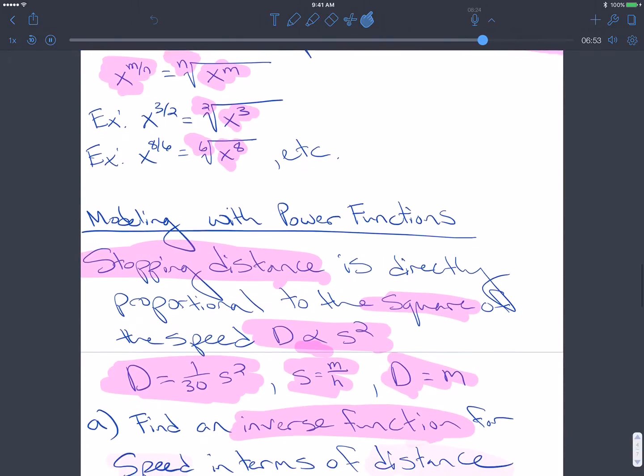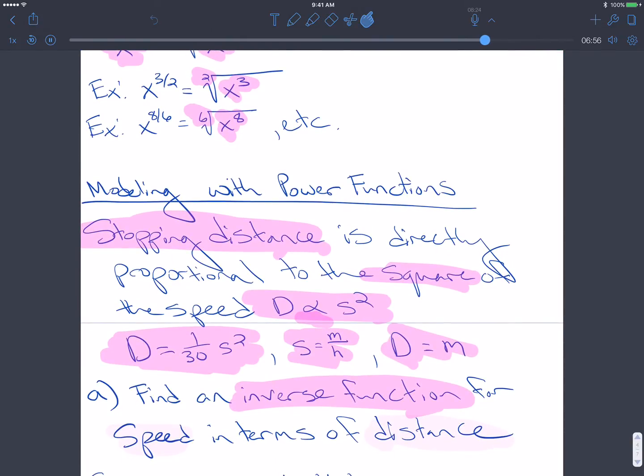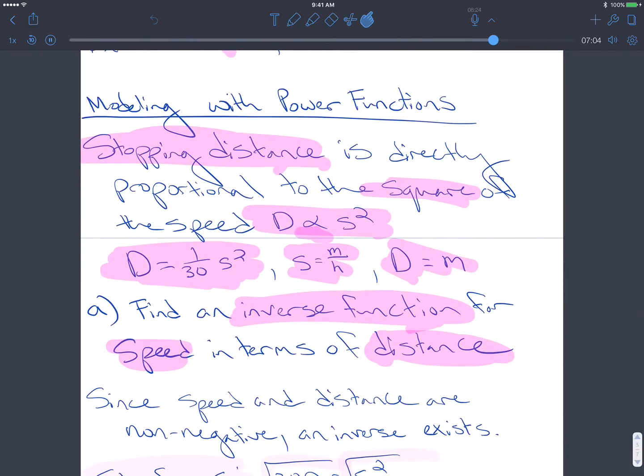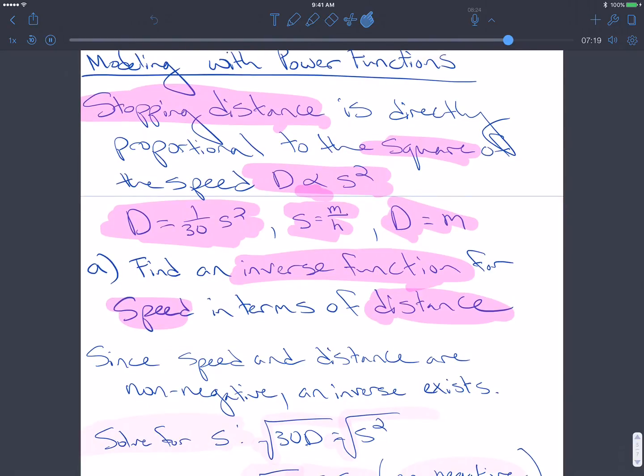We did this again in chapter 5, for the speed in terms of the distance. Because this is a physical problem, we aren't going to be talking about negative speed or negative distance. We will consider that both are positive, which means I can take a square root, and it can be an inverse function because it's only the positive of the square root and not the negative, since I know I won't have negative speed. So I can solve for s in the equation.